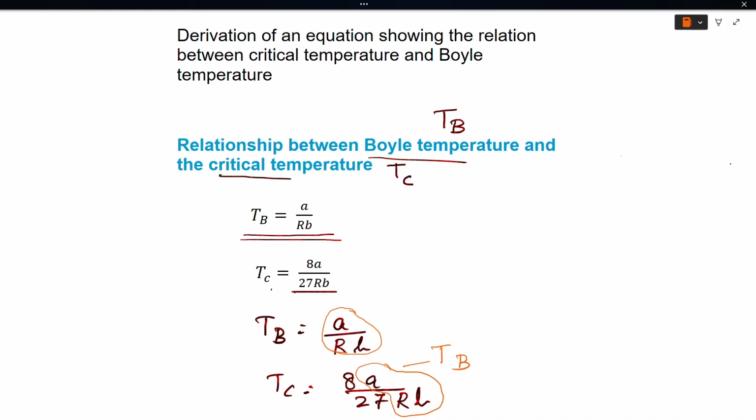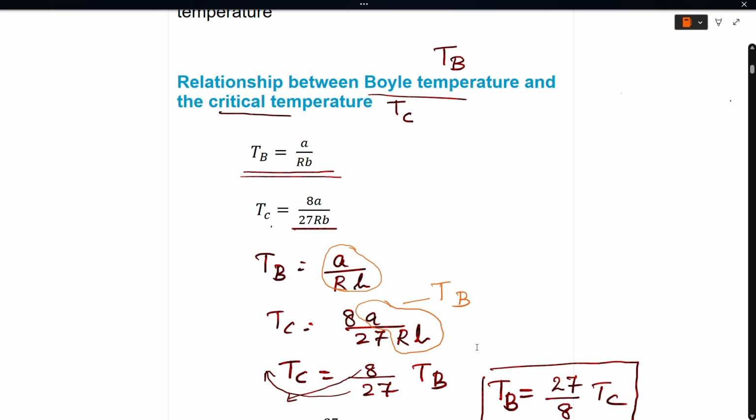Here, A by Rb represents Tb. It's a very easy derivation. A by Rb represents Tb, and therefore, I can substitute A by Rb as Tb.